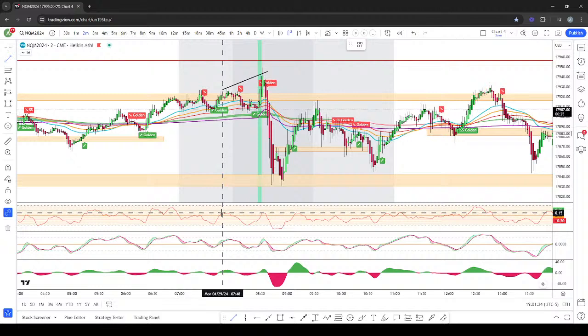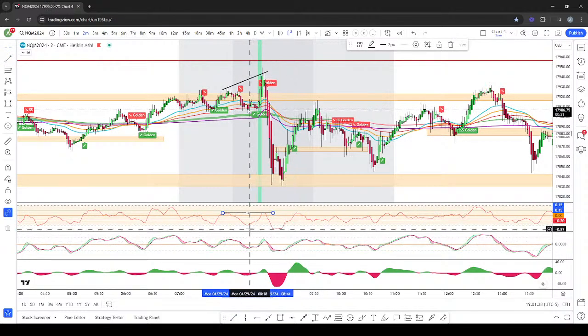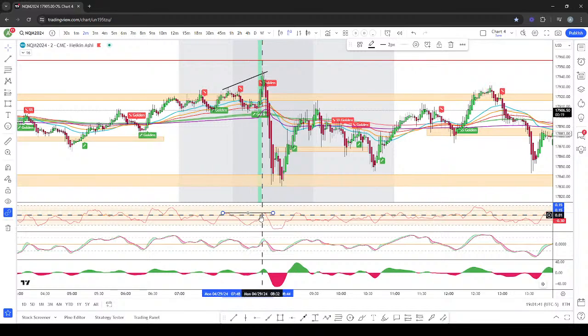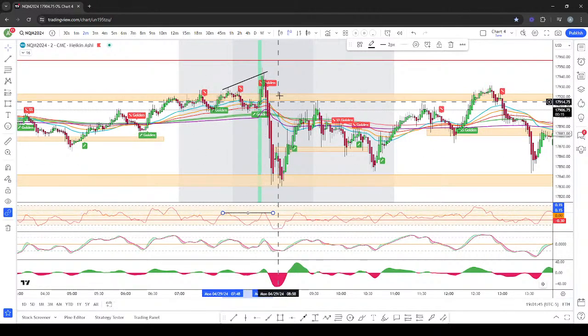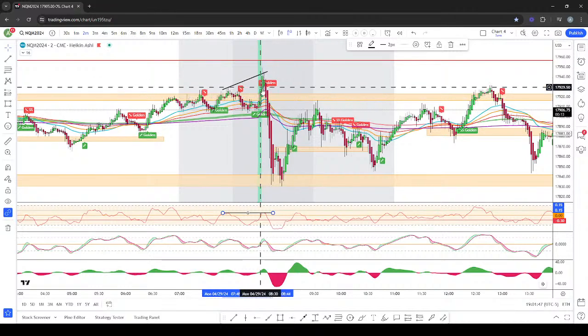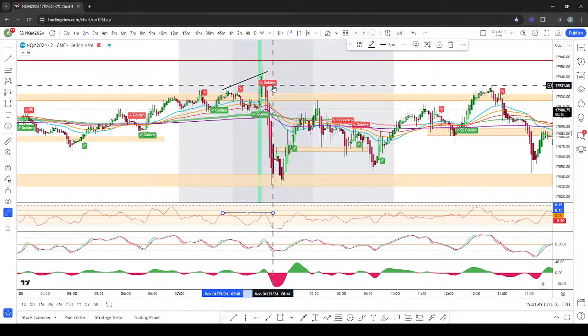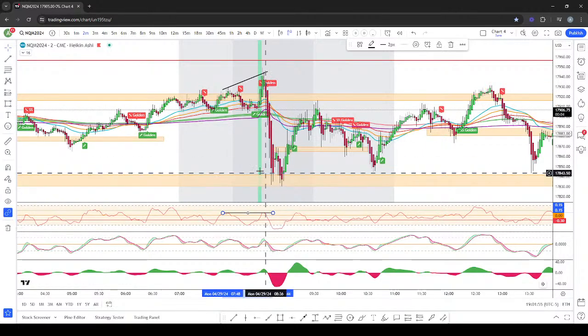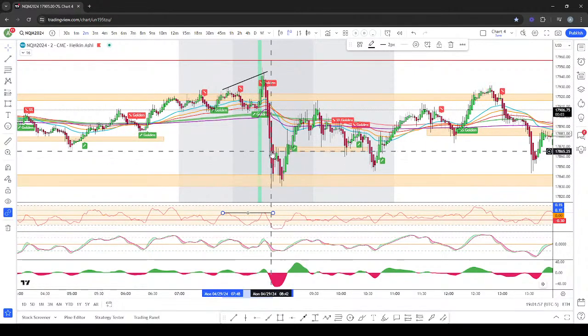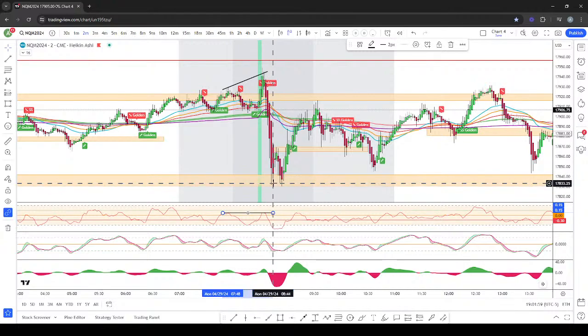Looking at the oscillators, this one is equal highs, so that still counts as a divergence pattern. So what I like to do is wait for the trading oracle signal right here and take your trade, going down to the next level and get some good points.